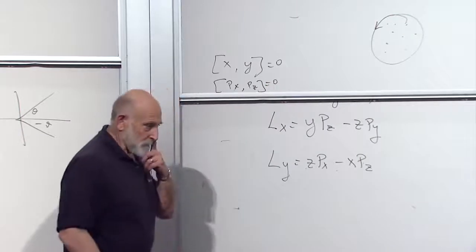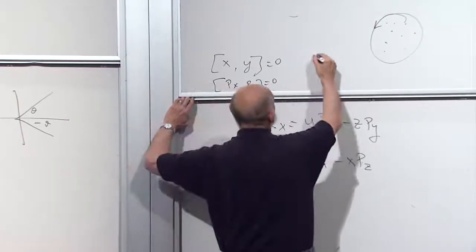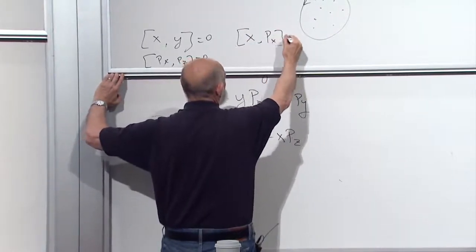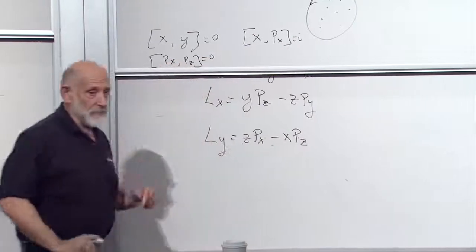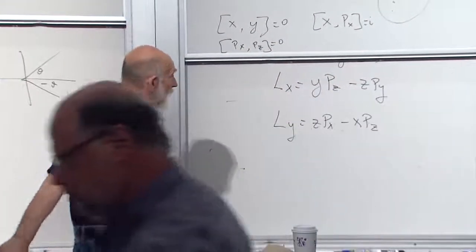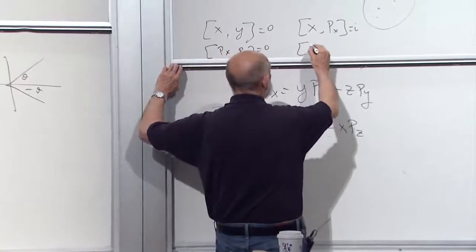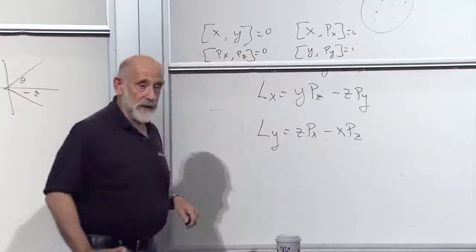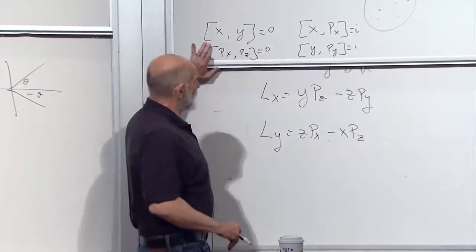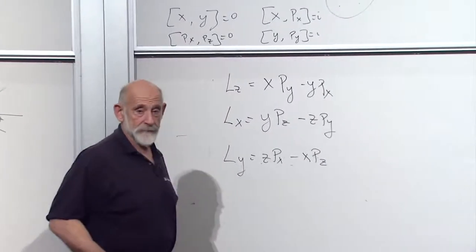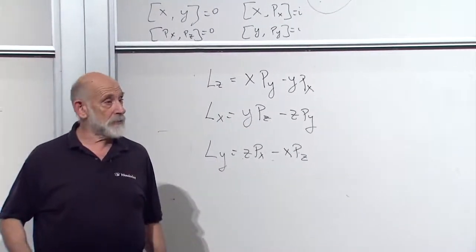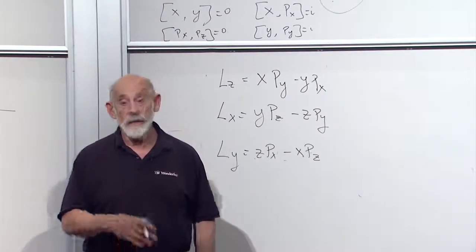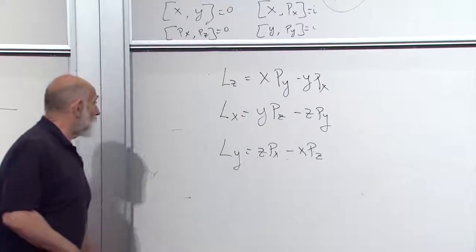Which things don't commute? x with px, and that's equal to i h bar. Same with y: y with py is i h bar, and z with pz is i h bar. How about x with py? That commutes. Multiplication by x and differentiation with respect to y commute with each other, and you can check that.